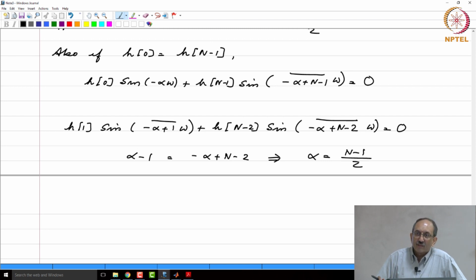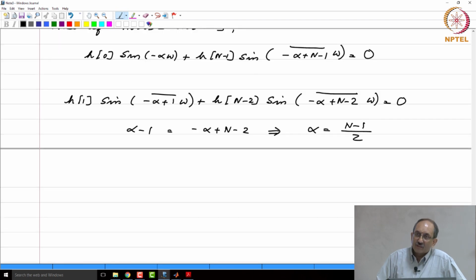So, the person must be heaving a huge sigh of relief. Why is that? Because if alpha were something else, then all these carefully laid plans of mice and men would have gone astray. So, now alpha mercifully turns out to be n minus 1 by 2, and again you need h of 1 to be the same as h of n minus 2.